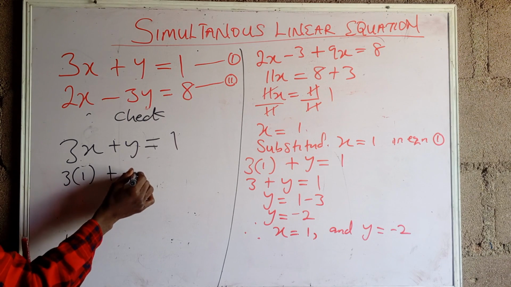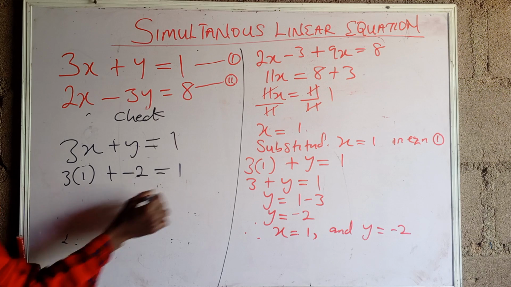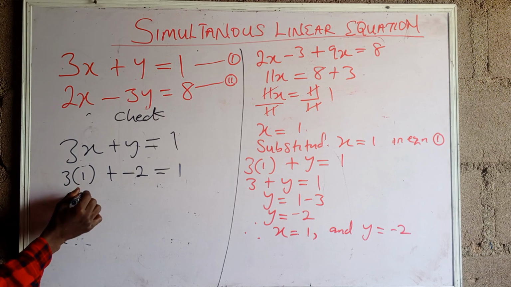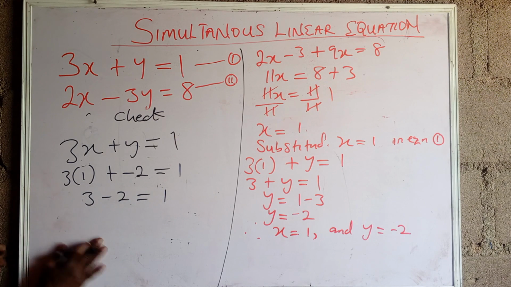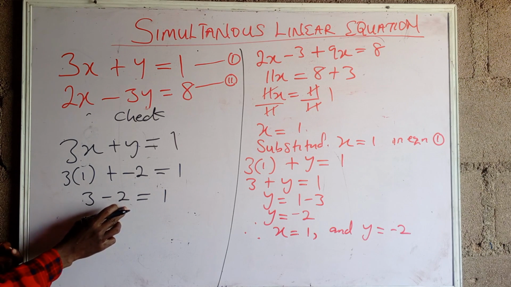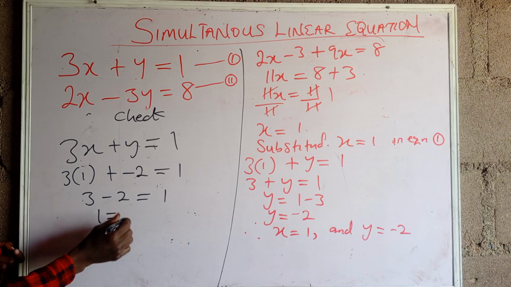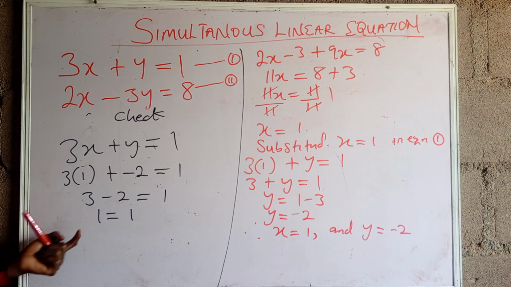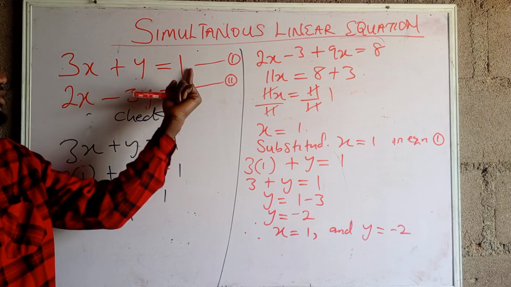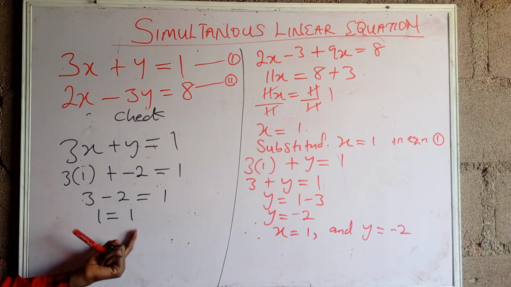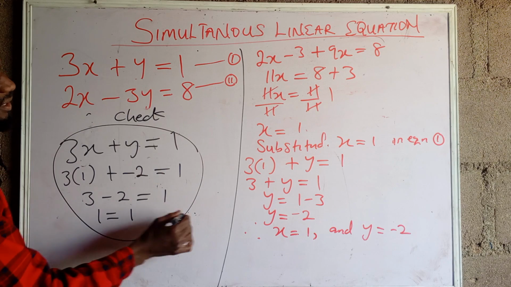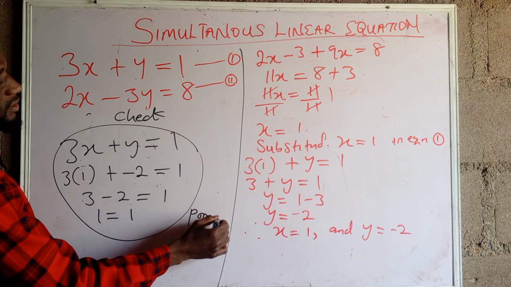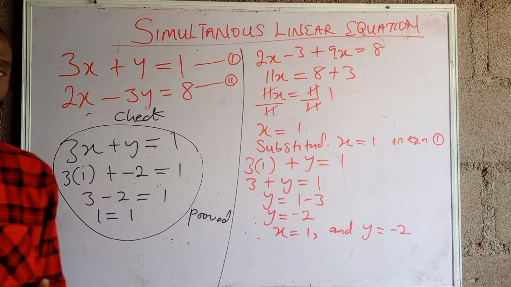We have 3 times 1 is 3, minus 2 is equals to 1. Therefore, 3 minus 2 is equals to 1, is equals to 1. Therefore, the left hand side of the equation is equals to the right hand side of the equation. Now we check, we prove that our answer is right.